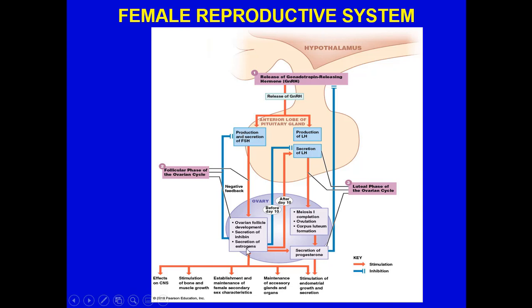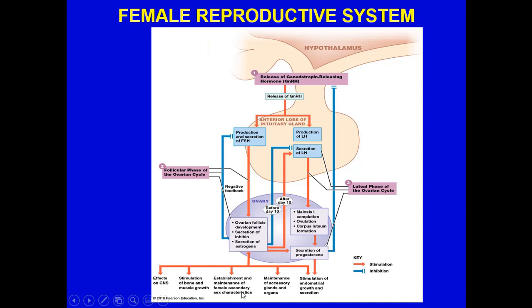Now, interestingly enough, before day 10, there's a suppression of the secretion of luteinizing hormone here. After day 10, there's a stimulation of it. This is all involved in part with the corpus luteum after ovulation, but also beforehand, estrogens play an inhibitory role on the LH.